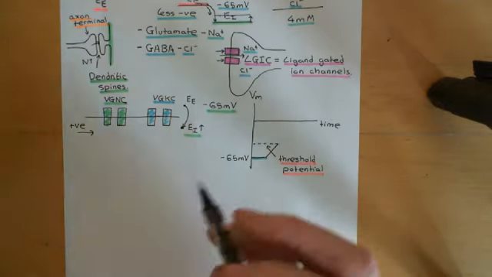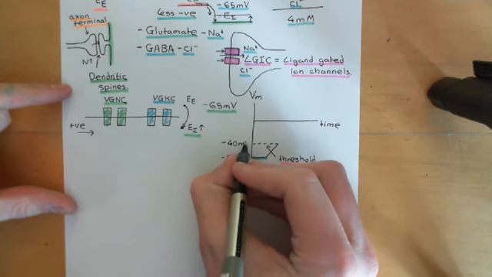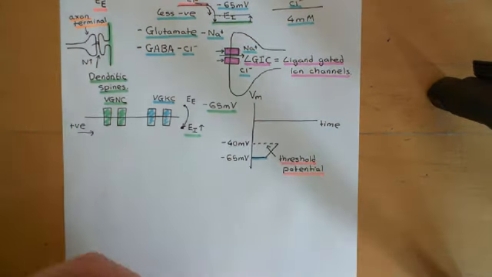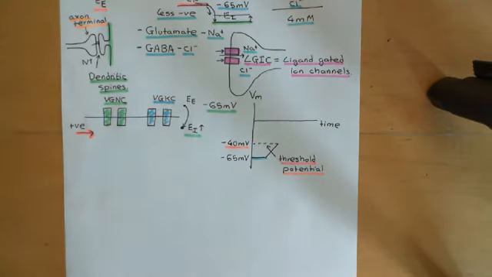Now, what actually is the threshold potential? Well, it's around negative 40 millivolts. So you need enough positive charge coming in to depolarize the axon hillock cell membrane up to negative 40 millivolts, and then, if you manage to do that, the axon hillock will initiate an action potential.